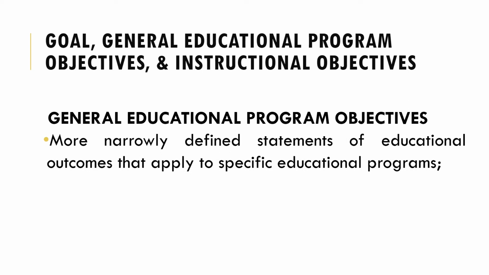Next is the term general educational program objectives. These are more narrowly defined statements of educational outcomes that apply to specific educational programs. So this is now the time that the MSU vision, mission, and objectives of the university are narrowed down to the different educational program objectives.